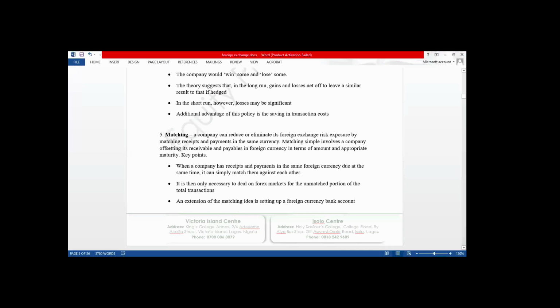But note, the currency must be in the same denomination. That means we are looking at dollar to dollar, pounds to pounds. You can only match currencies that have the same denomination.